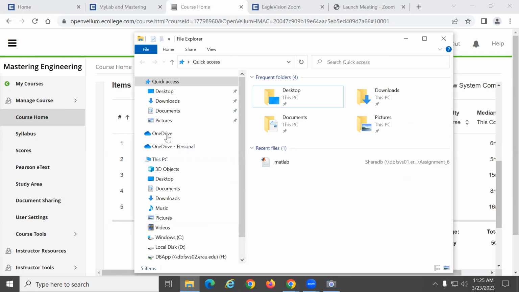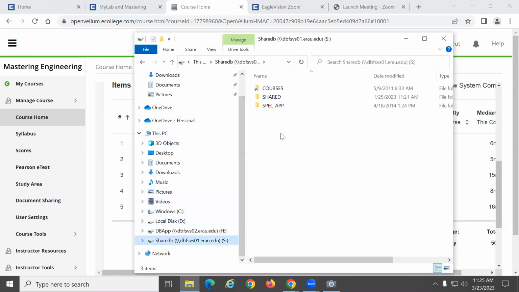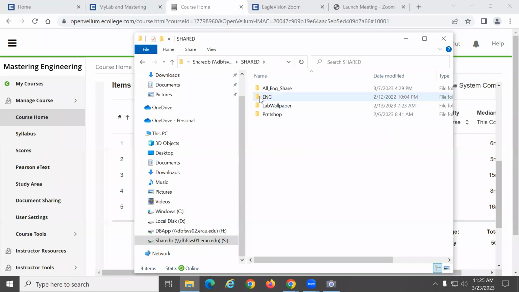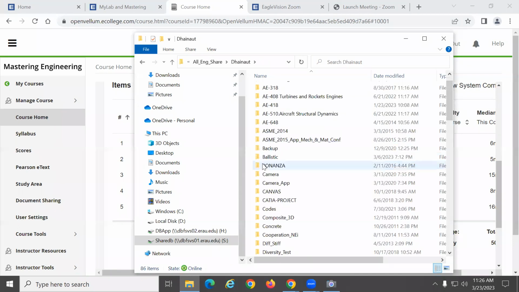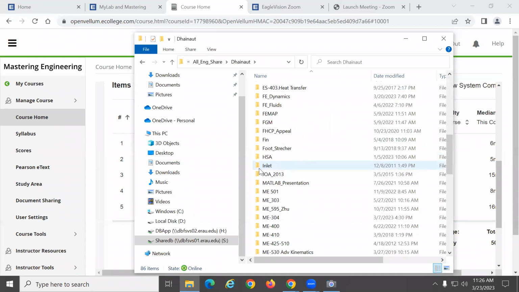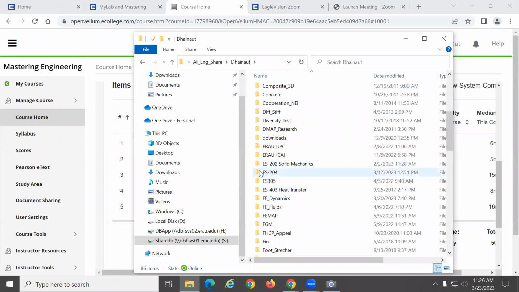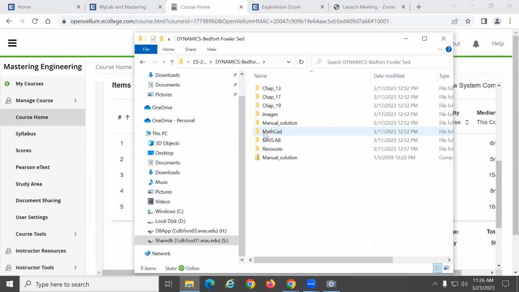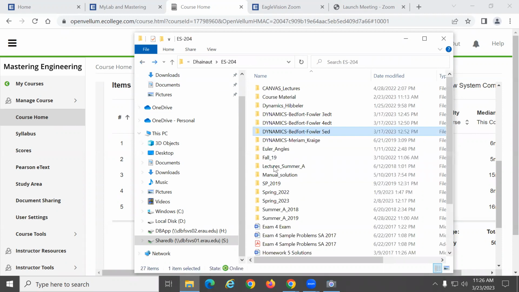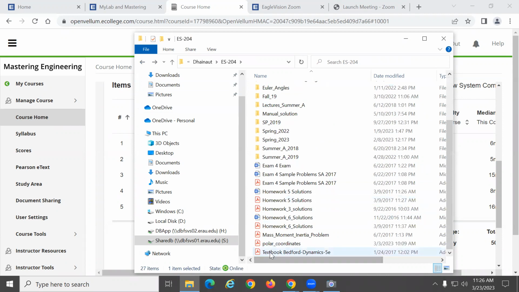I probably can access it online as well, but I've never done it. So instead of wasting time, let me just go here. ES204, bed for fallen. I guess it's this one. All right. I have the book. Here you go. 18 what? 0.5.